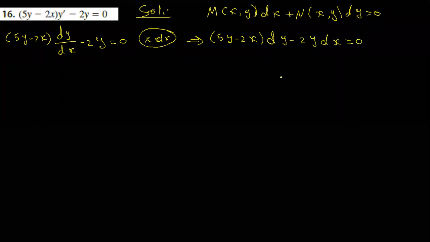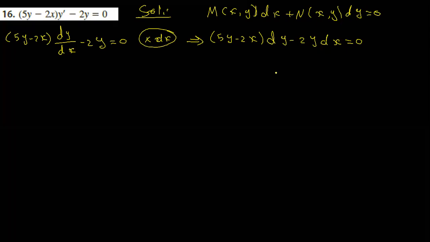Where is my M and where is my N? I need some help. Where is your M and N? My M is 5y minus 2x. No, it's the N: 5y minus 2x.